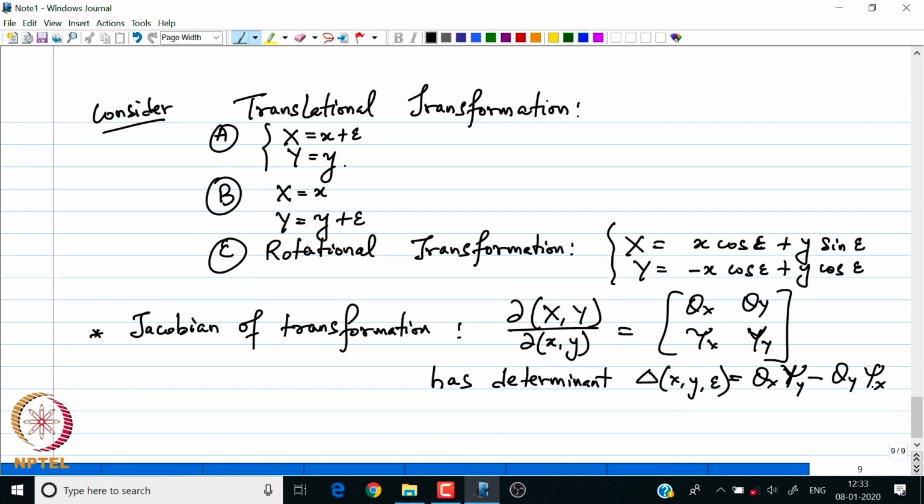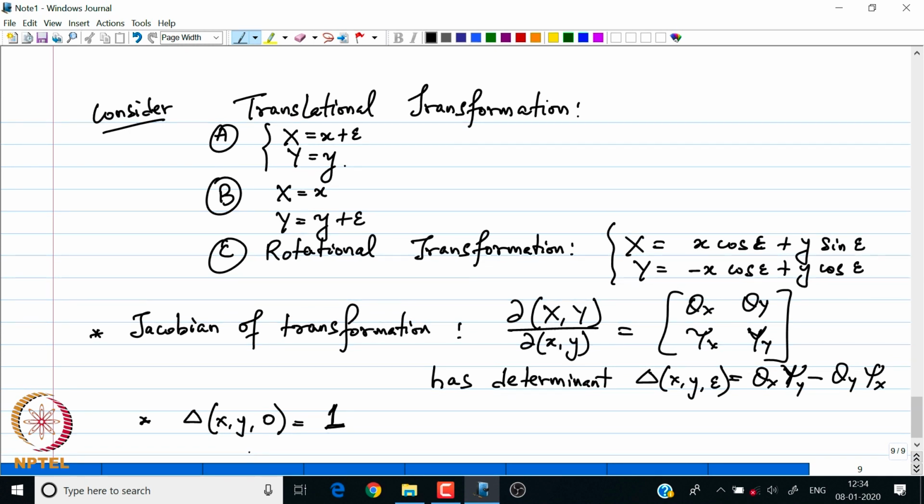And we can see that the way we have described theta and psi, delta of x, y, 0 is 1, and also notice the continuity of delta with respect to epsilon. So, what I am showing here is that at one value of epsilon the determinant is 1.